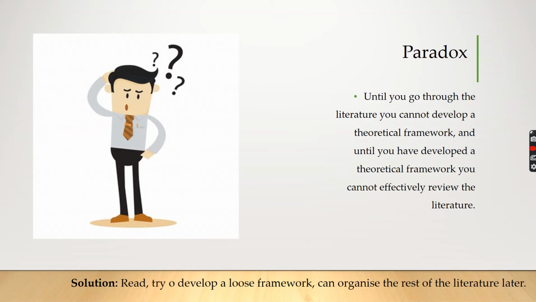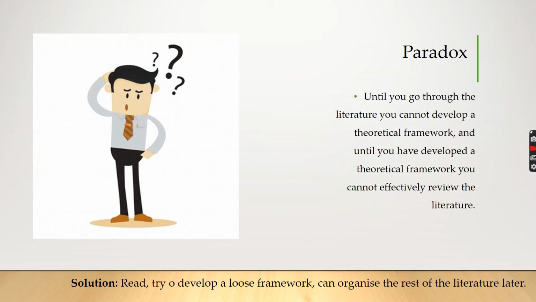As you read your literature, you might have a theoretical framework, and then with that framework, you have to apply it again to see whether it's working or not. So it's kind of a paradox. You have to complement both at the same time.